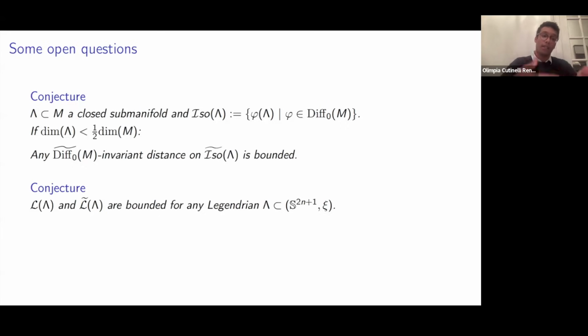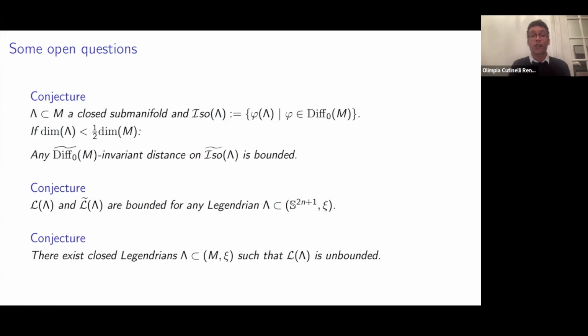And again, in the same vein, it would be interesting to see whether for any Legendrian on the sphere, if you take the Legendrian isotopy class of this Legendrian, you cannot find any invariant distance that is unbounded on this space.